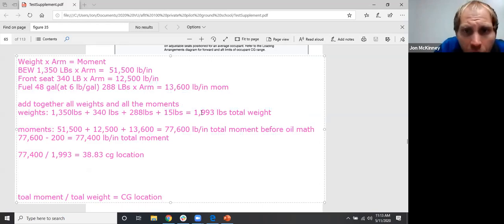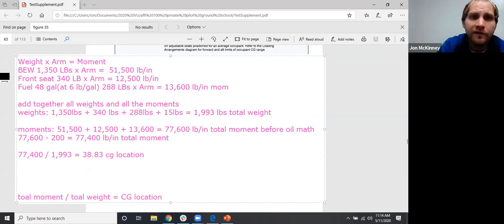It says our total weight is 1993. So I'm just going to write that on my scratch piece of paper in front of me. 1993 is my pounds. And it says my moment is 77,400. So I'm just going to write that on my piece of paper, and that's my pound inches.